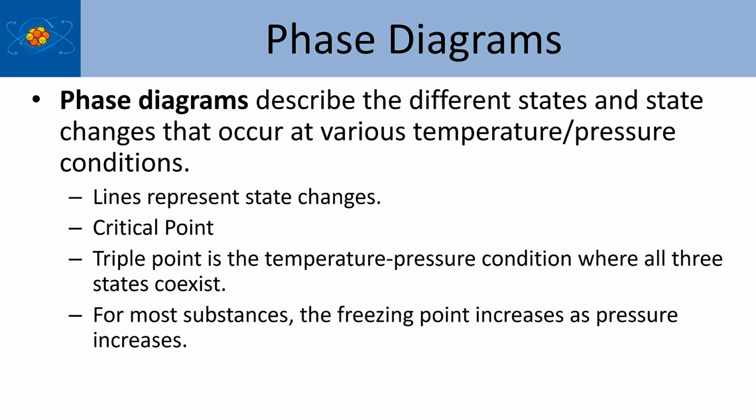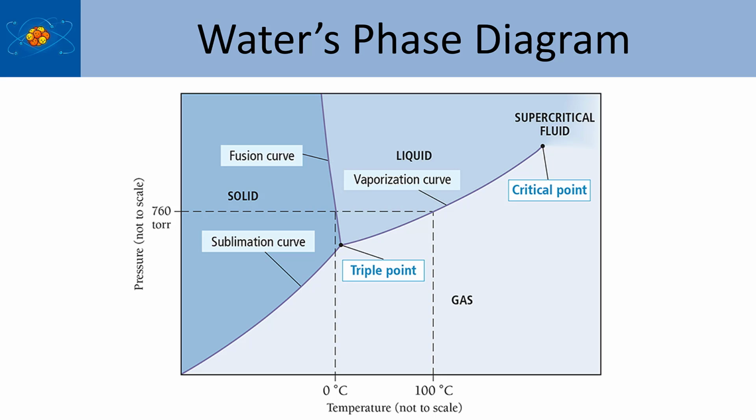So for most substances, the freezing point increases as the pressure increases. The additional pressure helps to fuse the liquid into the solid. Ice is one of the only substances that has a curve that shoots backwards, which means if you increase the pressure, its freezing point gets lower.